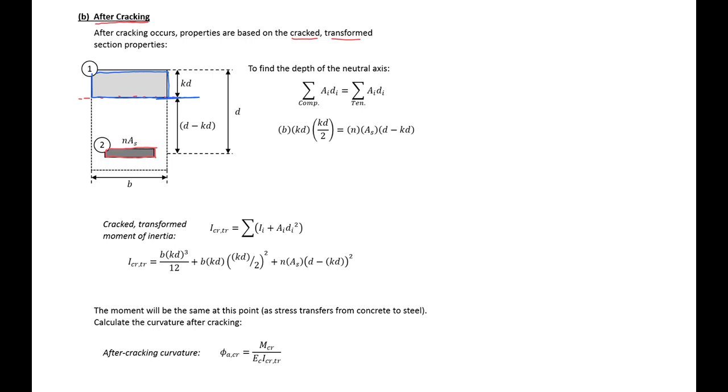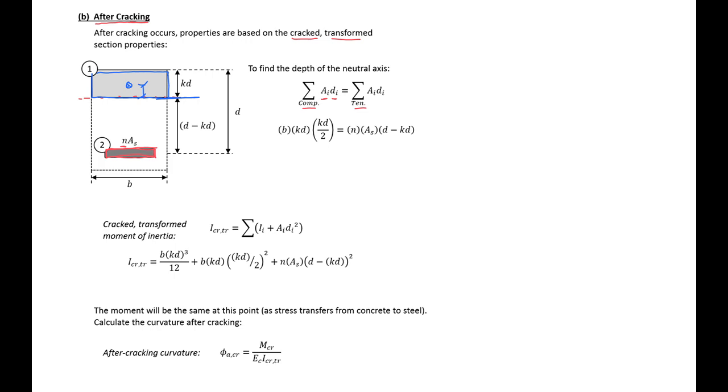So we don't have a -1 because our steel doesn't go through an uncracked concrete region. So all of our transformed steel we will consider here. So we have n times As. We can then find the depth of our neutral axis by summing the areas times the distance between the centroid of our section and our neutral axis above and below our neutral axis, so in compression and tension.